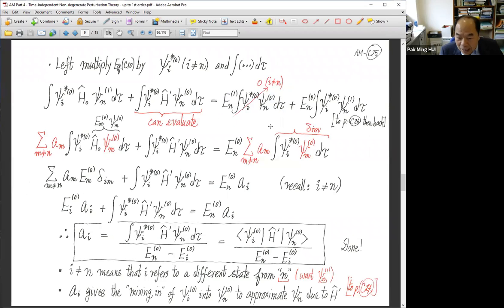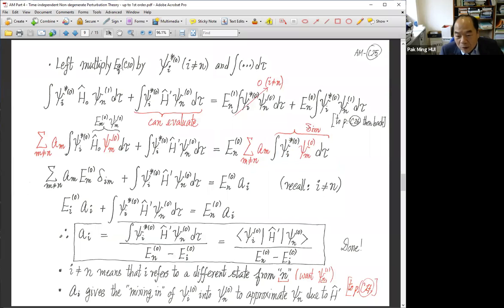Let's look at the very last one. Notice that this m will not hit n. Now this is i, anything other than n. So this one will be a delta function. It is not zero only when m hits i, okay? So it's a delta_im.